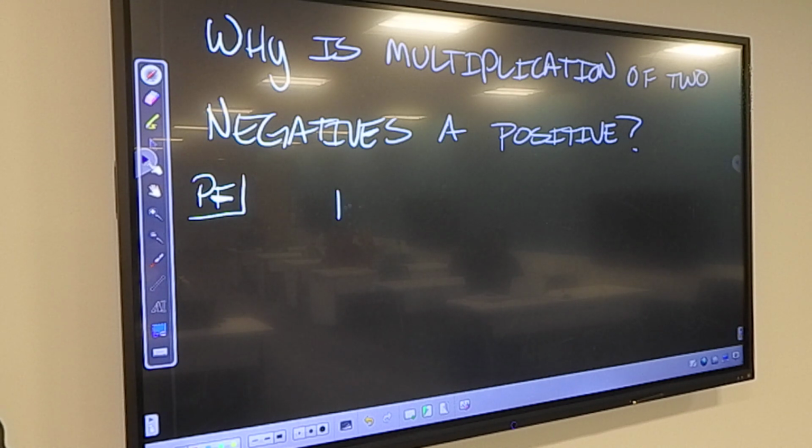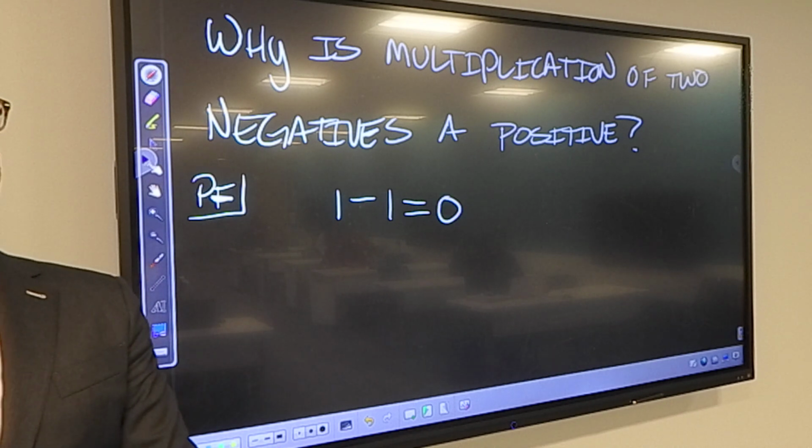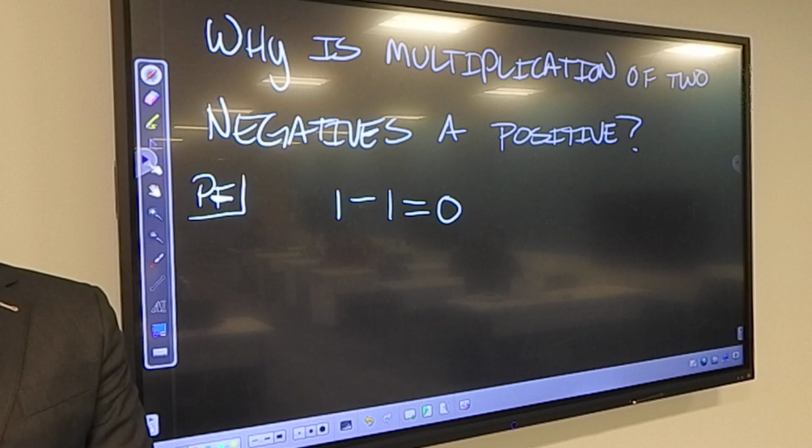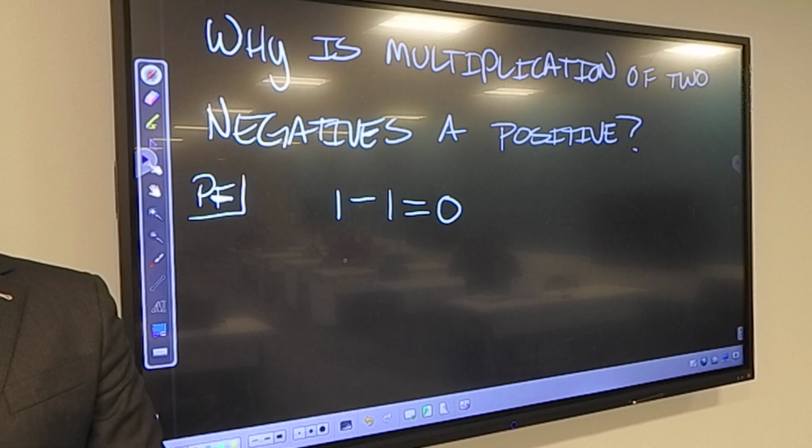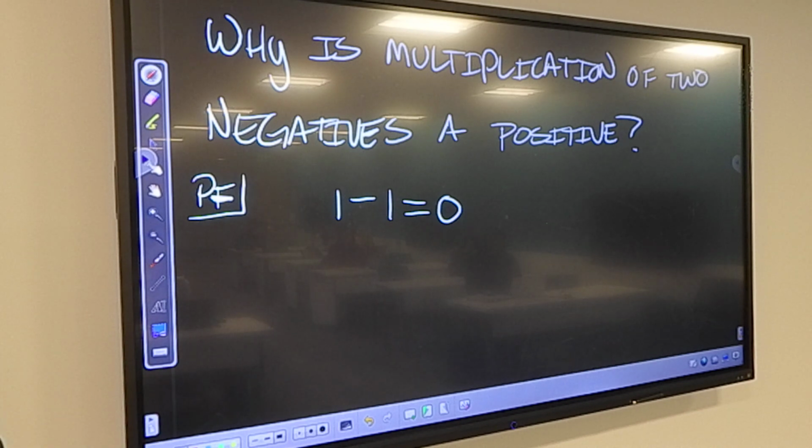Start with the observation that 1 minus 1 is 0. I think everyone believes that. It's clearly true. And then I want to multiply on both sides by minus 1.